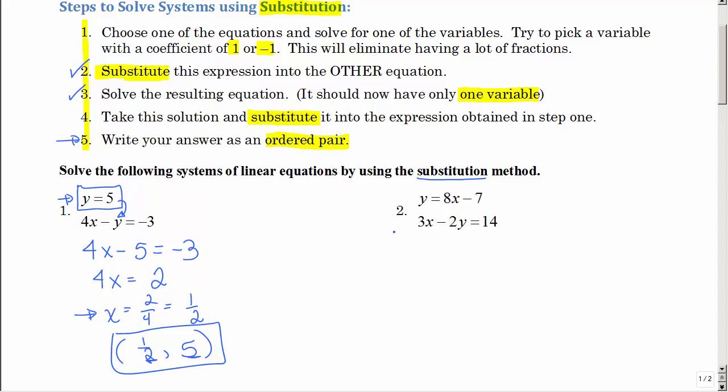Okay, number 2. Again, we're looking at this, and this equation is already solved for y. It doesn't tell us that y equals a number, but it tells us that y is equal to 8x minus 7. So we're going to substitute this expression into the other equation.